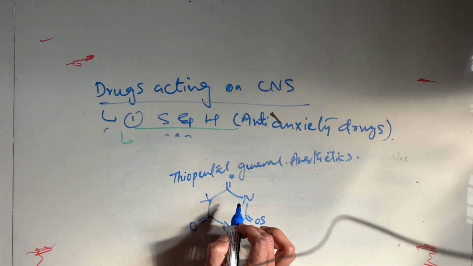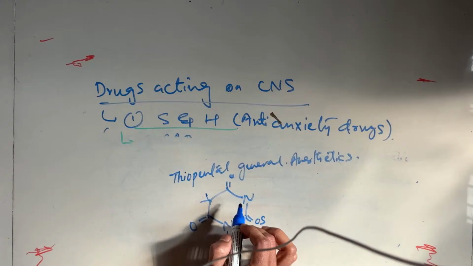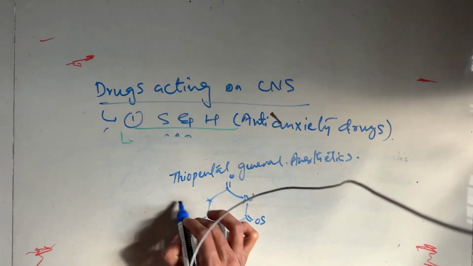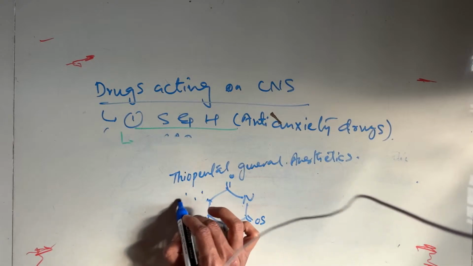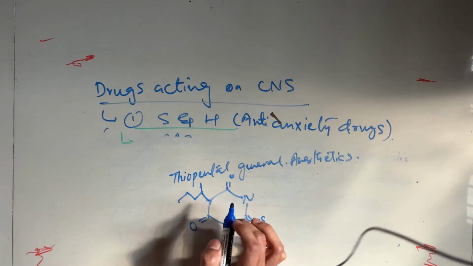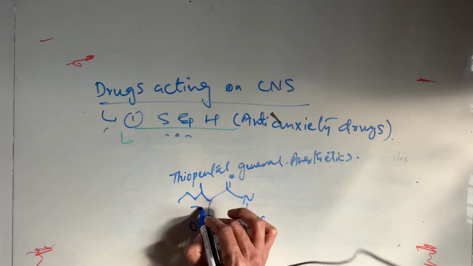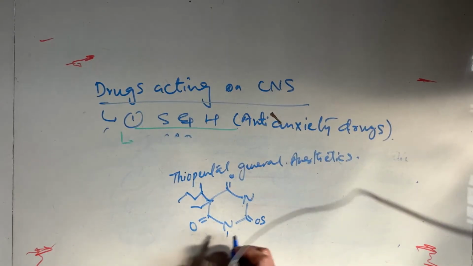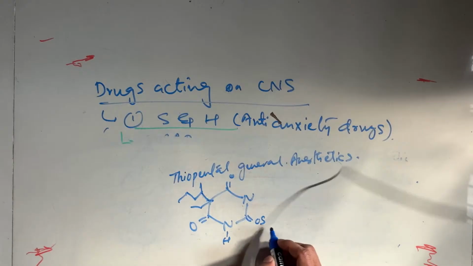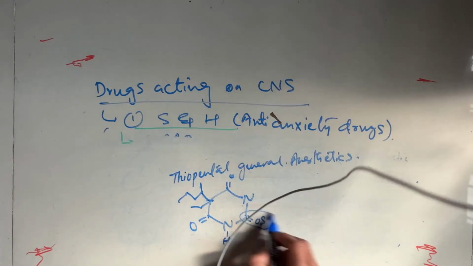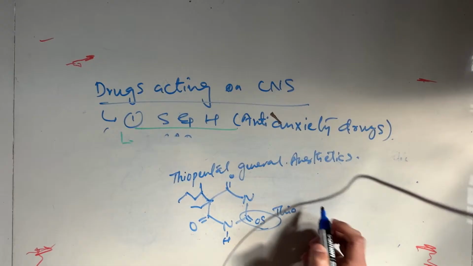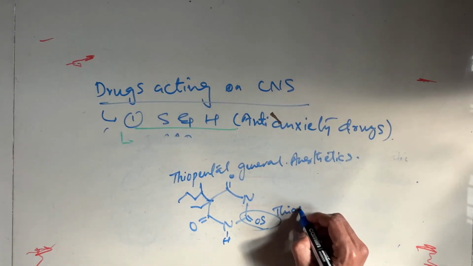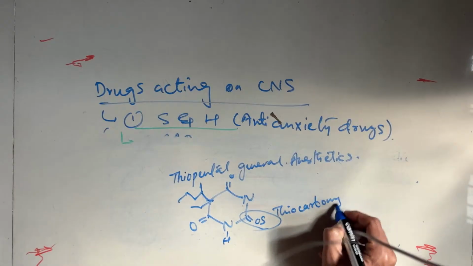In the case of thiopental, there is a 5 carbon chain, 1 2 3 4 5, and one ethyl group will be there, along with another alkyl group. And here nitrogen is connected with hydrogen only, NH, and this S is called thio. Like a carbonyl group, this is called a thiocarbonyl group.